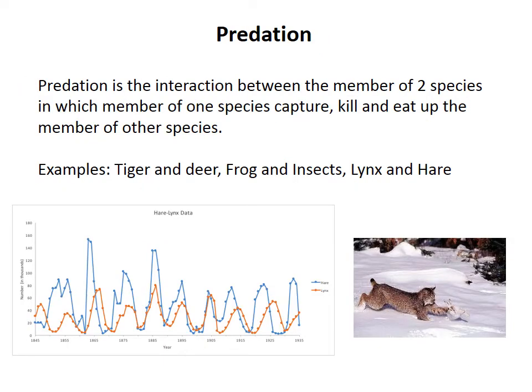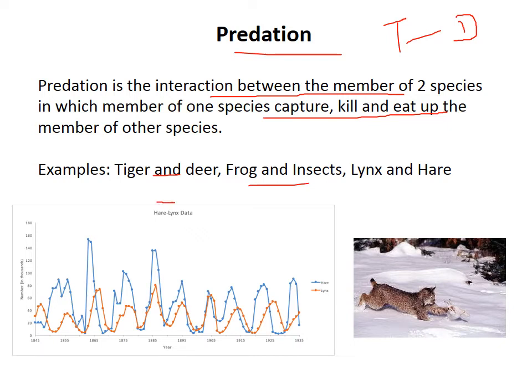Next is predation. Predation means the interaction between two species when one species captures and kills the other species. As I told before, a tiger eating a deer is predation. Tiger, deer, frog eating insect. There is one good example of predation, the hare and the lynx.